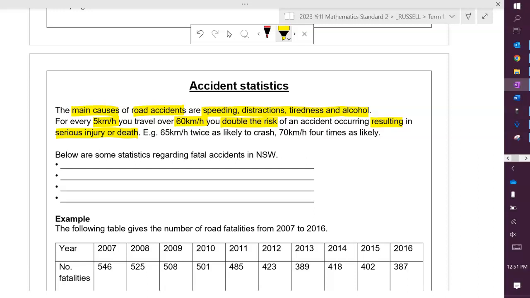So 65 kilometres an hour is twice as likely to crash. 70 kilometres an hour is 4 times as likely to crash.